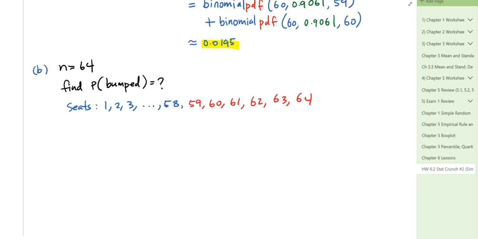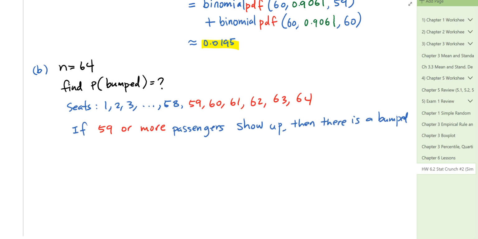Let me write it. I want to find the probability of a bump, so I want to find the probability of x greater than or equal to 59. I can find the probability of 59 plus the probability of getting 60 plus the probability of getting exactly 61, all the way to 64 using PDF, or we can use the complement.